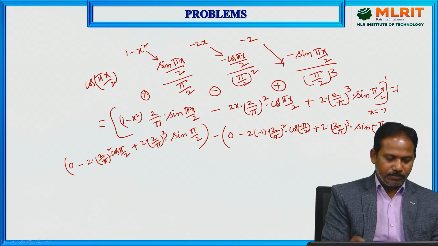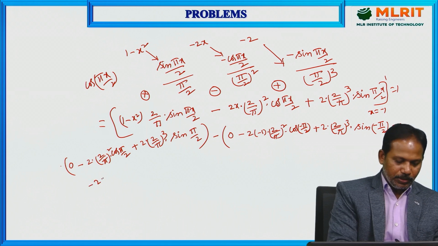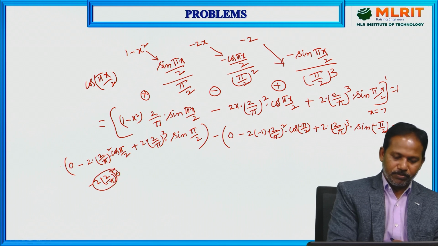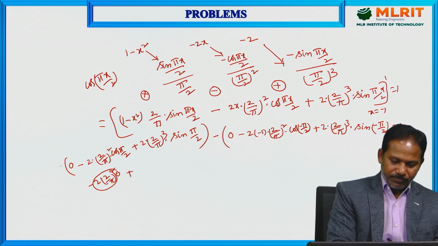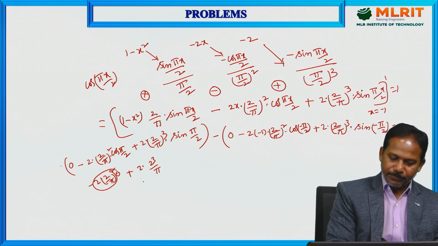See here, minus 2 into (2 by pi) whole square into cos(pi by 2) is 0, so this is totally 0. Next, sin(pi by 2) is 1, so I can write 2 into 2 power 3 by pi cube.